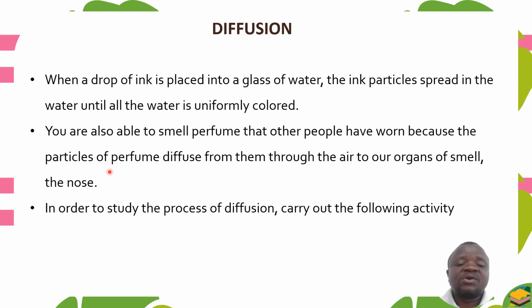That's why you are able to smell the perfume. In order to study the process of diffusion, one can carry out the following activity so that he or she understands how diffusion takes place. Diffusion takes place in two states of matter, liquids and gases, but not in solids.